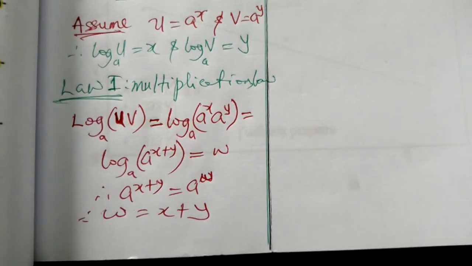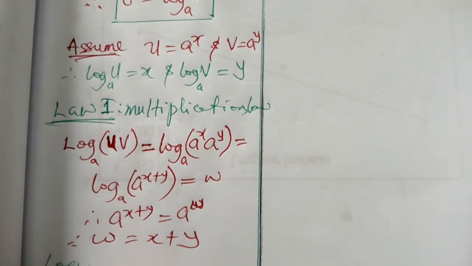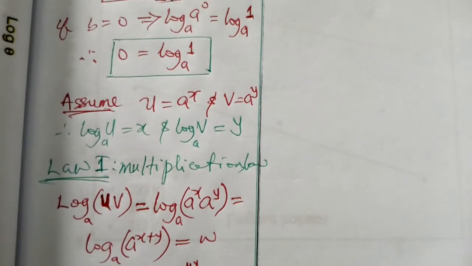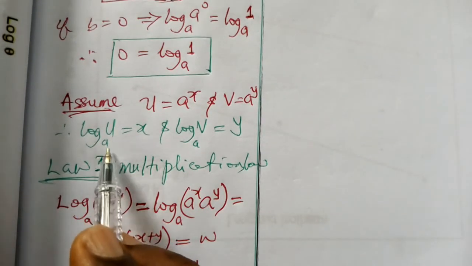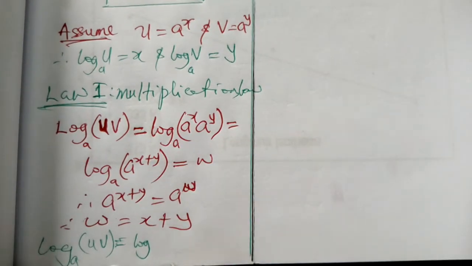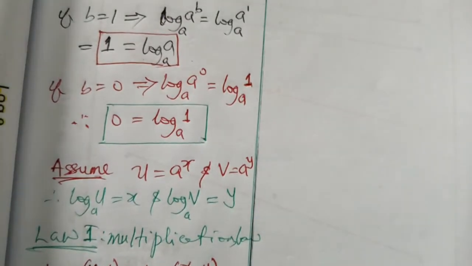Our w is equal to x plus y, and log uv is equal to, because we have defined x to be equal to log u base a and y to be equal to log v base a, this is equal to log u base a plus log v base a. That's what it will give.